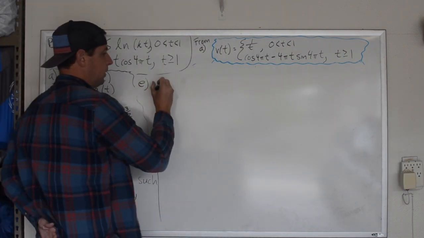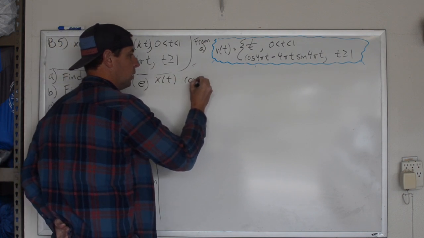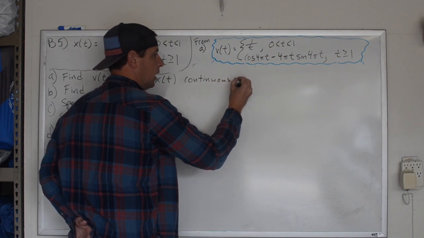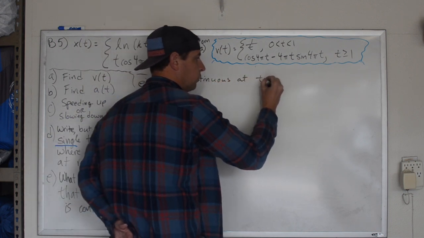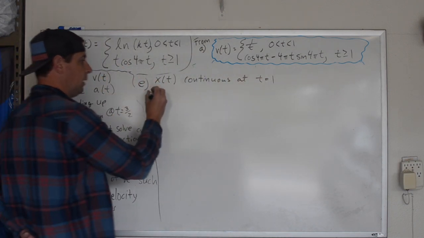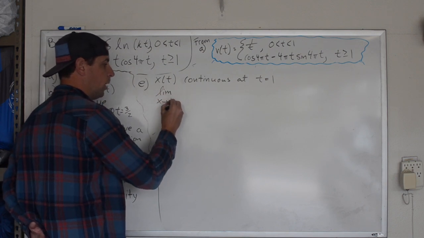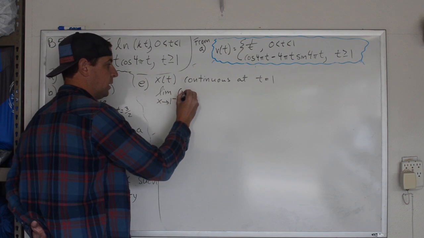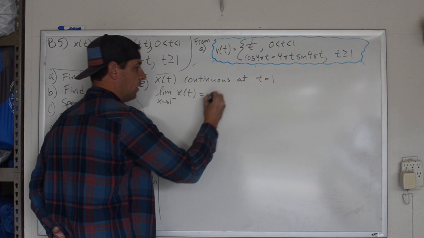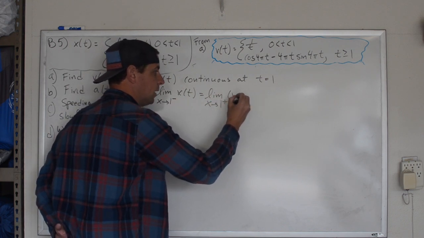So x of t, then, for x of t to be continuous at t equals 1, that's the point in question, we need to see that the limit as t approaches 1 from the left of x of t is equal to the limit as t approaches 1 from the right of x of t.